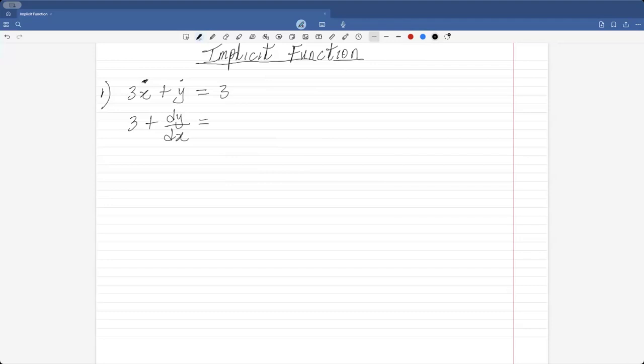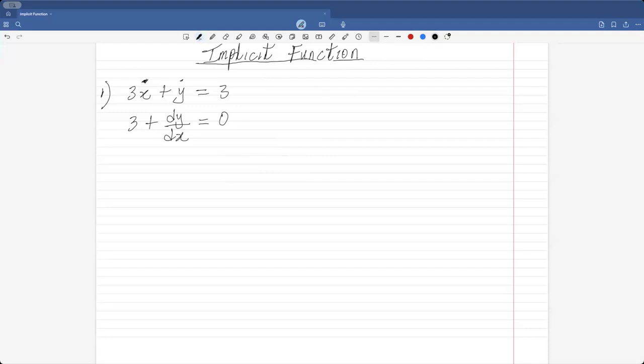Equals the derivative of a constant, which is 0. So let us isolate dy/dx. To isolate dy/dx, we need to subtract 3 from both sides.